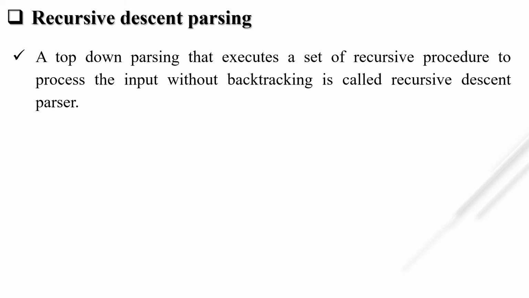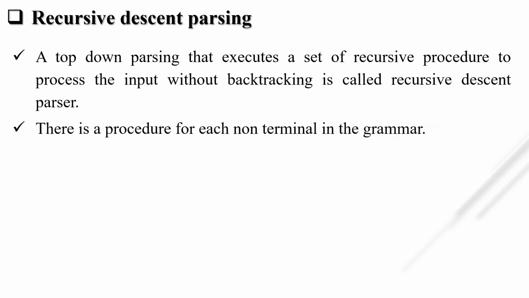So what is a recursive descent parser? It's a top-down parser that executes a set of recursive procedures to process the input without backtracking. There is a procedure for each non-terminal in the grammar. Suppose we have a grammar, then each non-terminal has its own procedure.